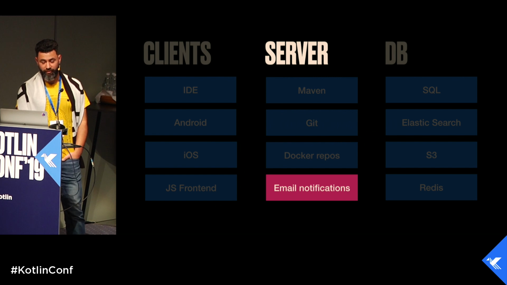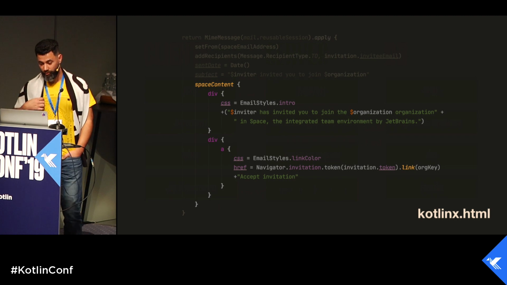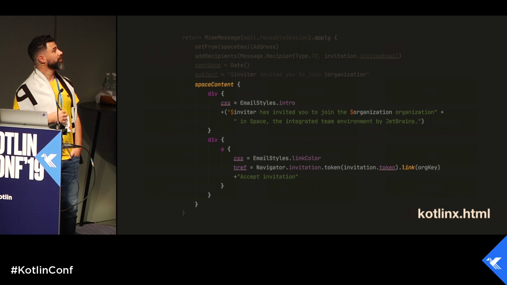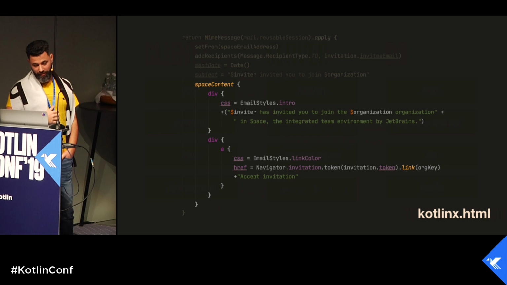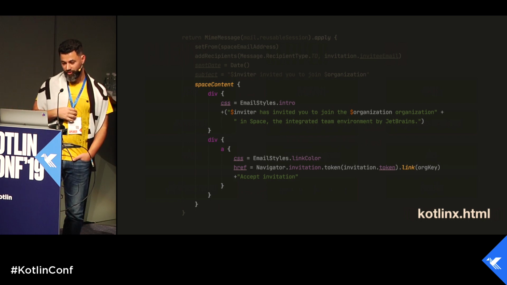We have email notifications, and email notifications is something specific. Normally, you write email notifications in some framework like FreeMarker, but we do it right in Kotlin, and we are using Kotlin X HTML once again, the markup that looks the same as our front-end markup, but with some additional features.